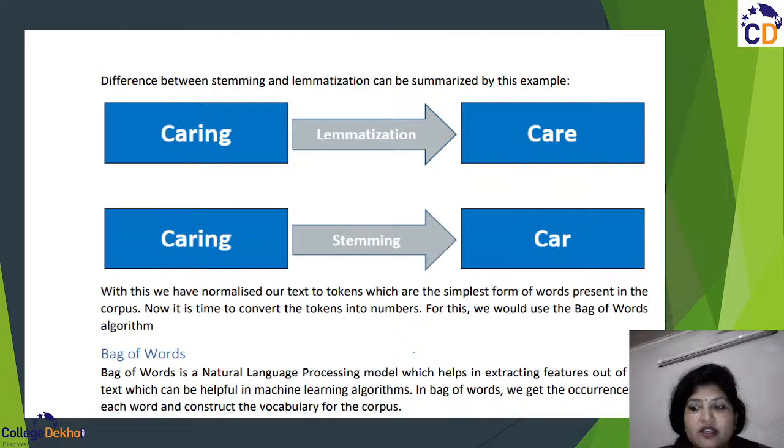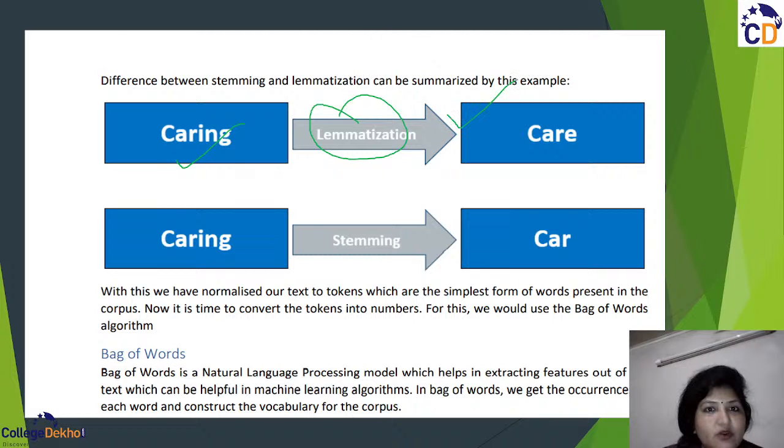Now let us see the difference, and we will be talking more about this. Take a particular word, caring. Using lemmatization, it becomes the base form, and the correct word is care.